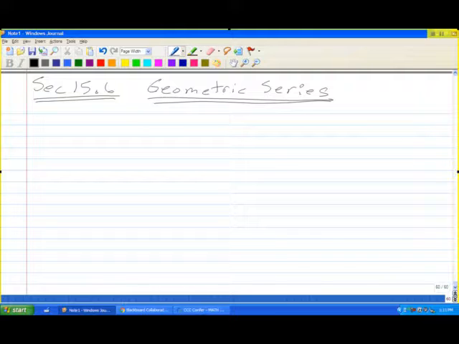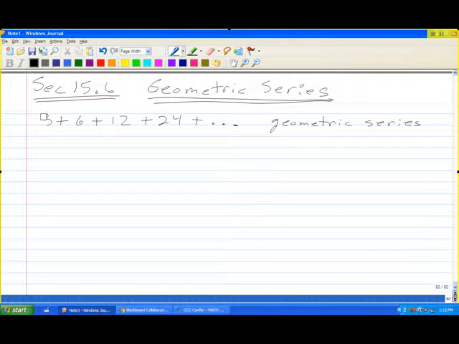In a geometric series, each of the terms in your geometric series is just a term in a geometric sequence.